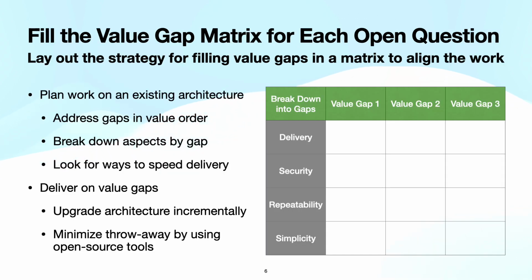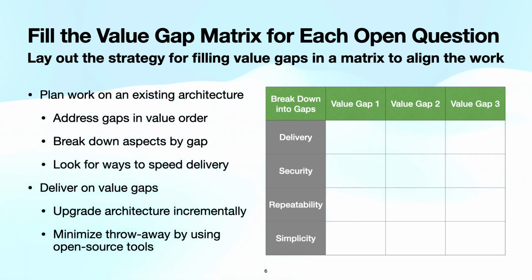So once we have defined the value gaps, we can create a matrix for each open question, and we can lay out a strategy for filling the gaps to align the work. Because ultimately we want to plan our work so that we can address the gaps in value order, and we can break down each aspect by the gap, and we can look for ways to speed delivery, because that's the key to our success.